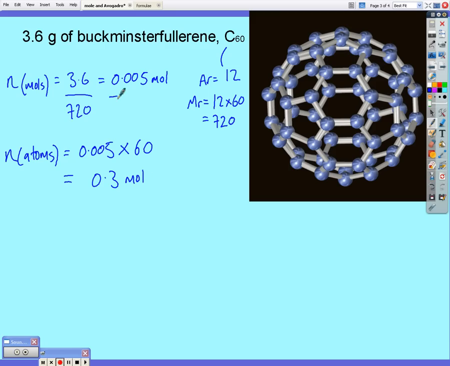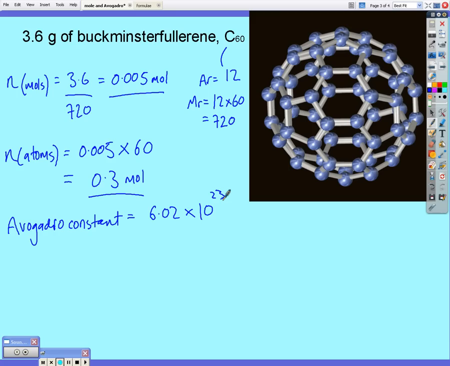Now what if we want to know how many actual molecules and how many actual atoms we've got? Well, we remember we've got the Avogadro constant, being equal to 6.02 times 10 to the power of 23.